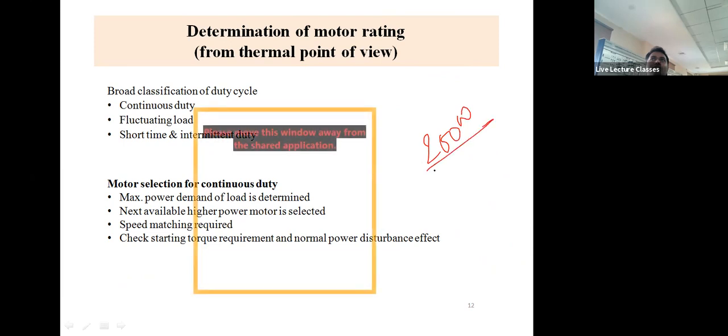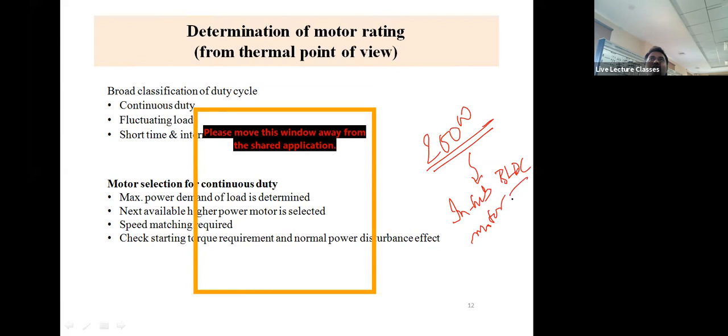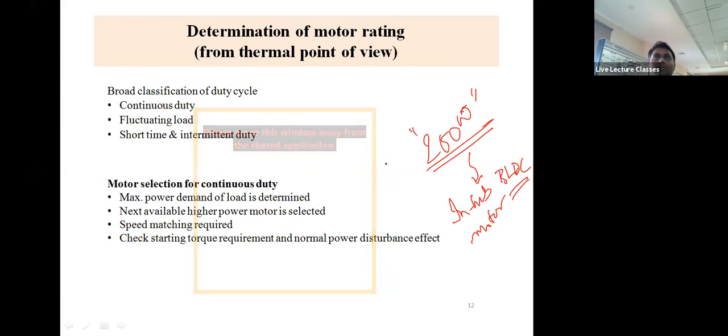So every electric vehicle will have this 200 watts BLDC motor fixed in them. It's called in-hub BLDC motor. Is it proportional for every person? No, this is approximate. If you are much lighter, it will draw lesser power, so your battery mileage will be more. The 200 watts is approximately what one person needs.